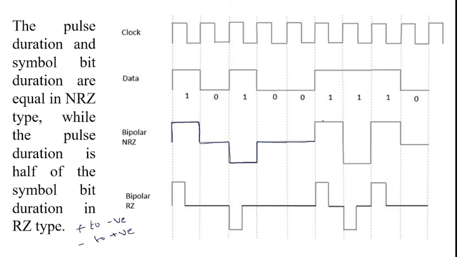Next, this is high data. This high data is considered as positive, and the next high data is negative polarity.